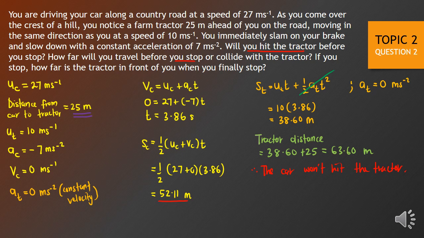And if you stop, how far is the tractor in front of you when you finally stop? Okay, so here we have to find the difference between the distance of the tractor and the car. So how far? So the distance between car and tractor would be equal to 63.60 minus 52.11.